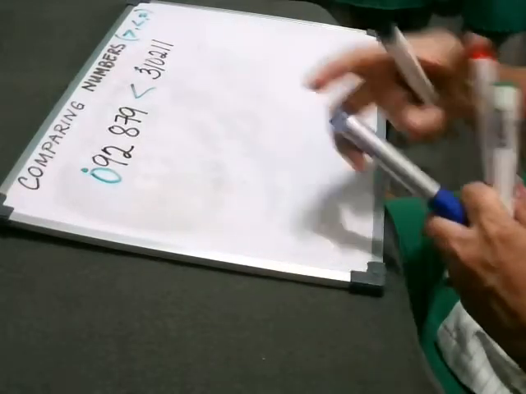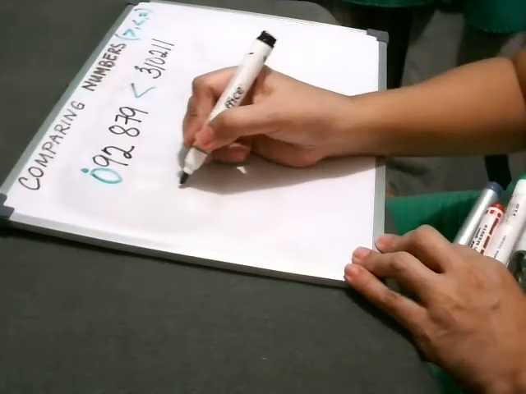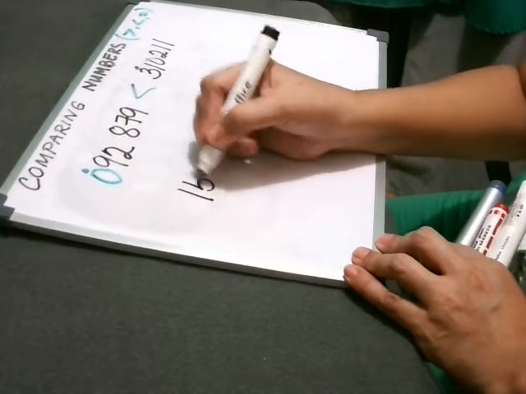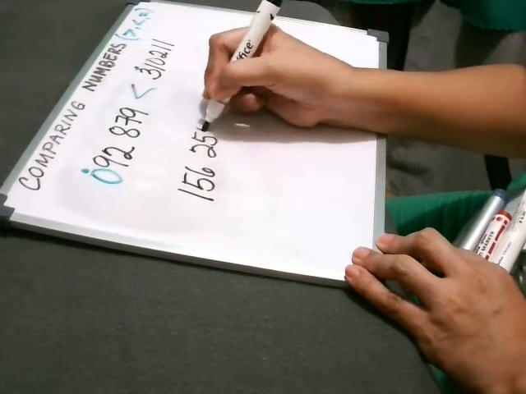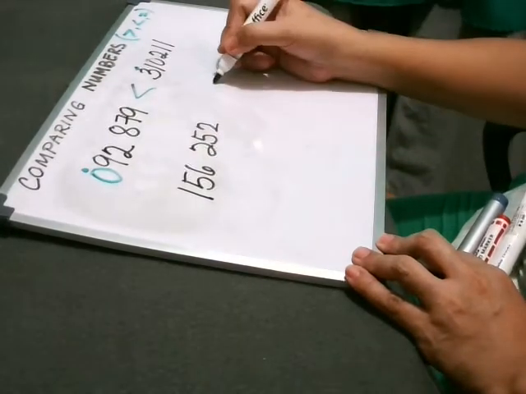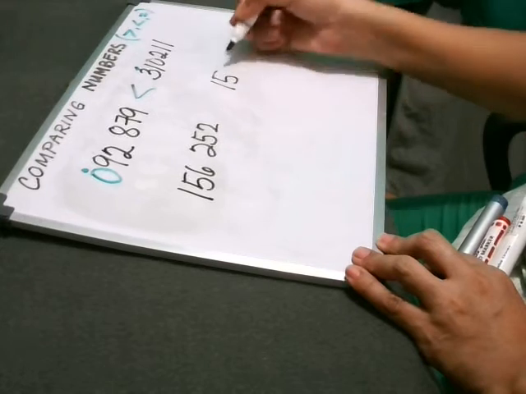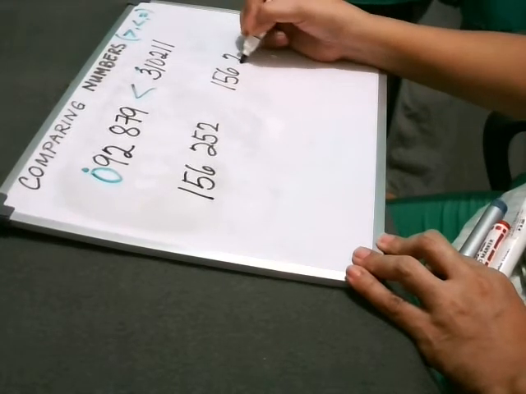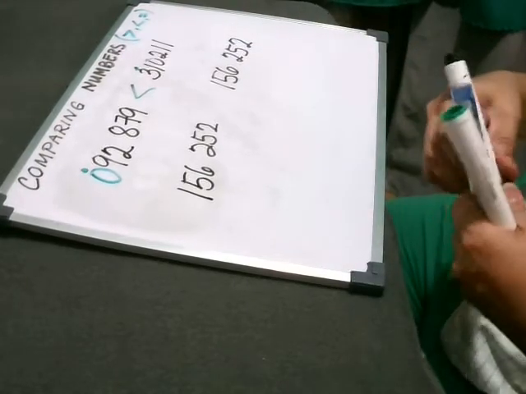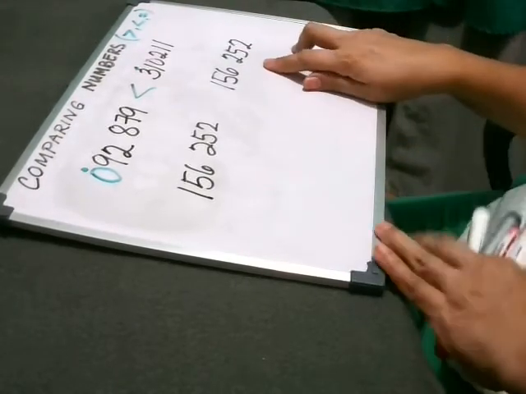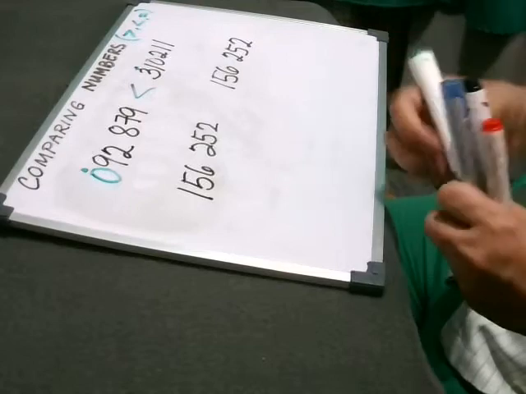Okay, another example. Last example, we still have space here. For example, we have here one number, and the other number is this.